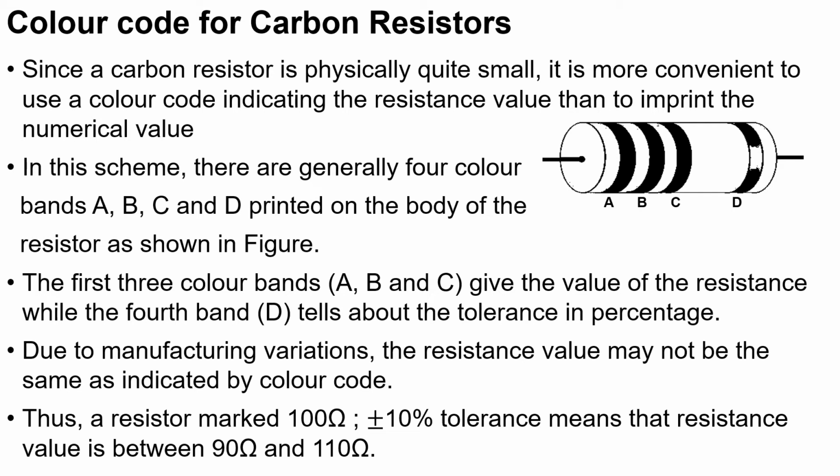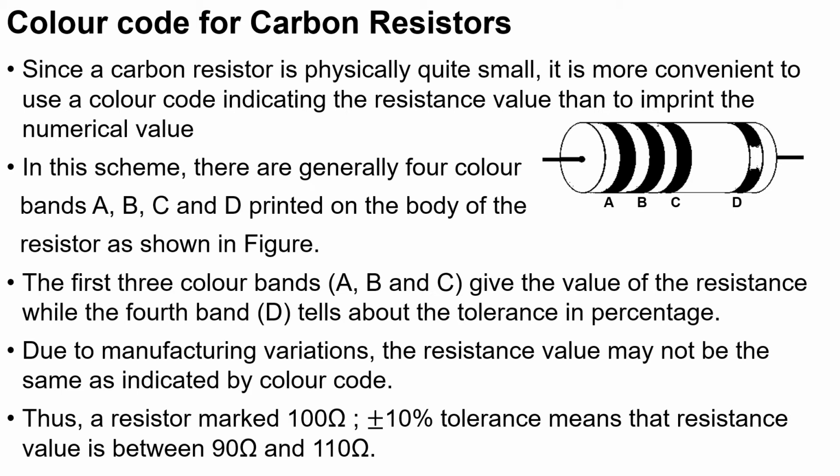In this scheme, there are generally 4 color bands, A, B, C, and D, printed on the body of the resistor, as shown in figure. The first 3 color bands, A, B, and C, give the value of the resistance, while the fourth band, D, tells about the tolerance in percentage.